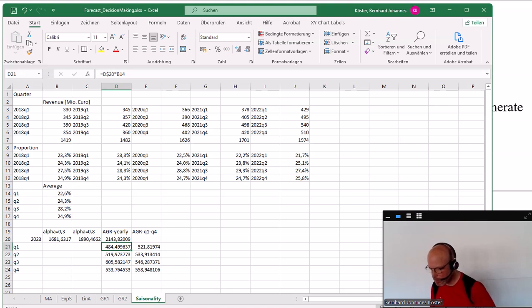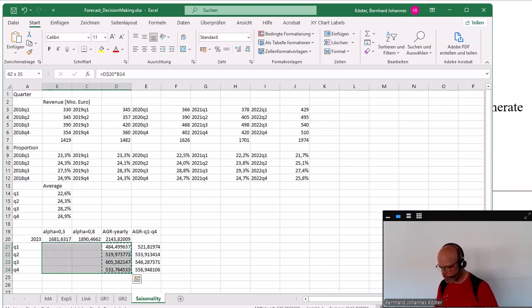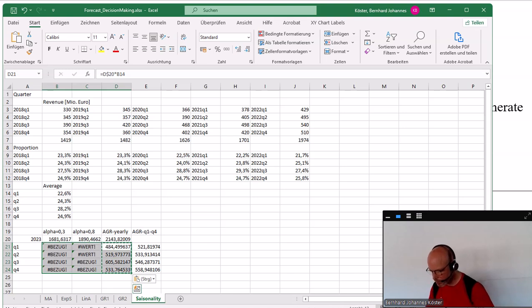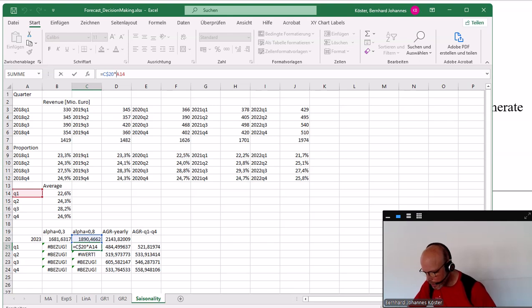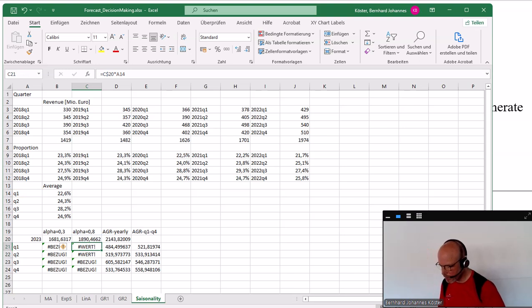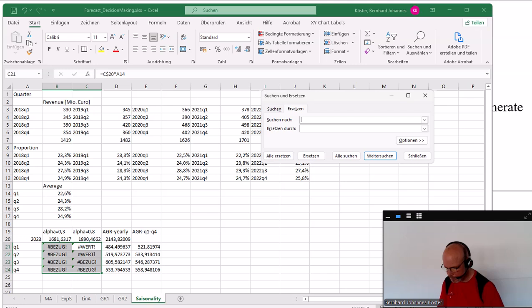And now this should then also work. No, this doesn't work because the letter is not working. So here we need always B. C and B. Is it not working?